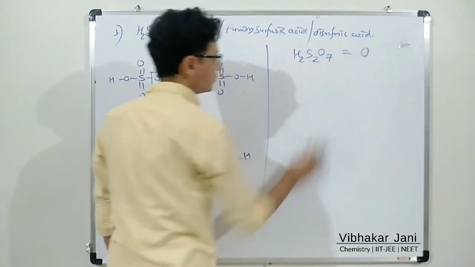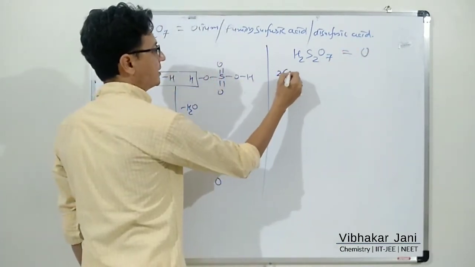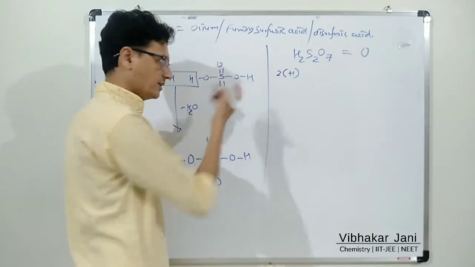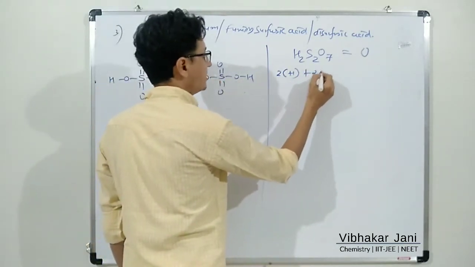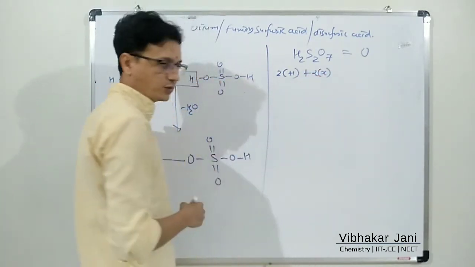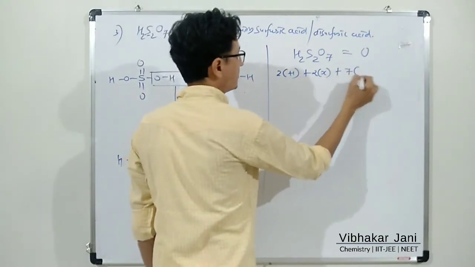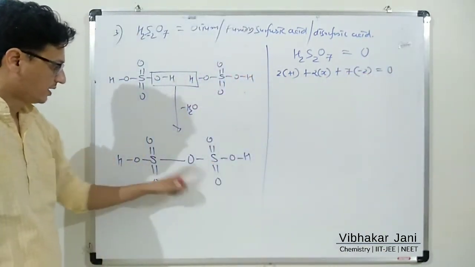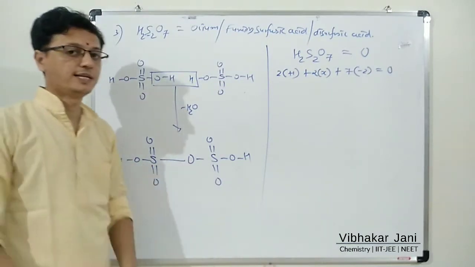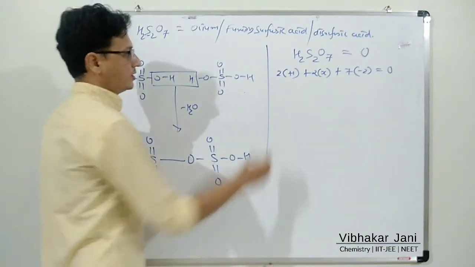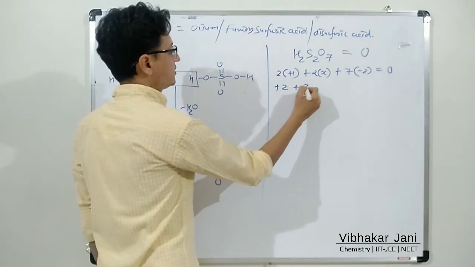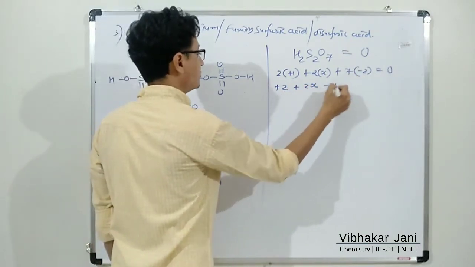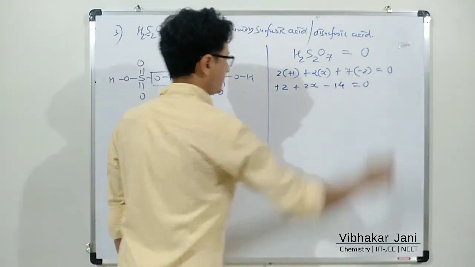H2S2O7 is equal to 0. 2 multiplied by the oxidation state of hydrogen, that is +1, plus 2 multiplied by X for sulfur, plus 7 multiplied by -2, because all oxygens are normal oxygens, no peroxy linkage is present. So this is +2 plus 2x minus 14.